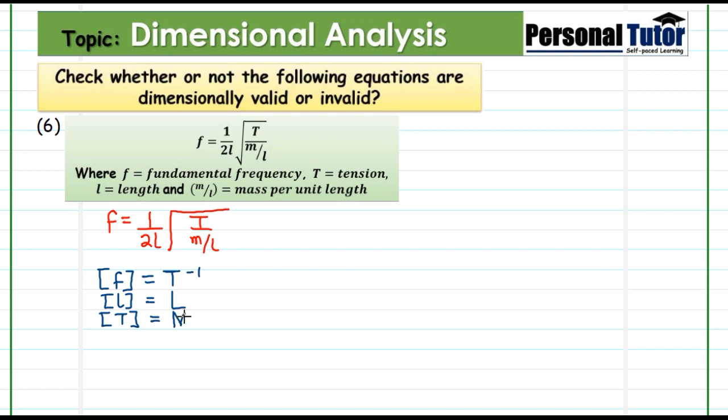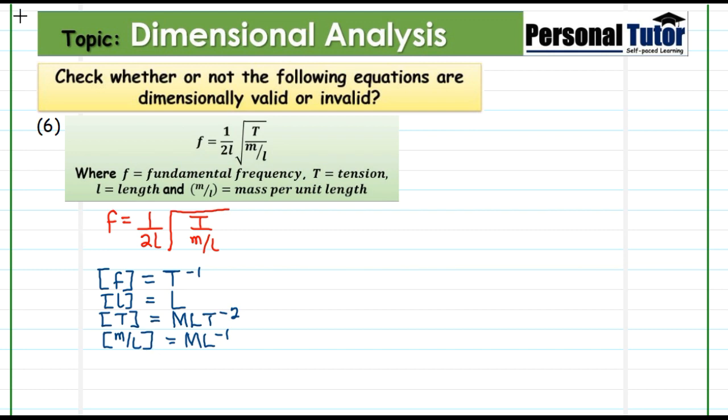So it has M L T exponent minus 2. Then the next one is mass per unit length. This is the same as the linear density. So it is like saying mass, M, L exponent negative 1. So these are the terms for us.